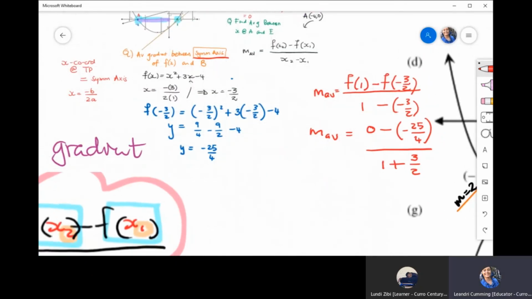And we can finish this off by seeing that we will get a positive gradient. Let's quickly see what we get.